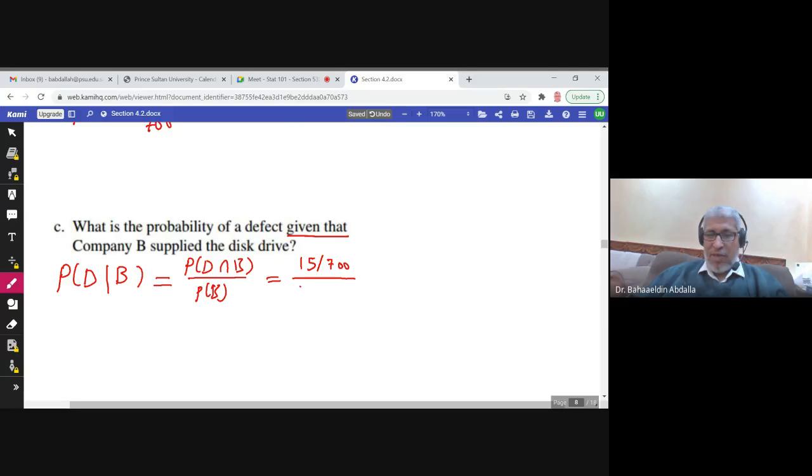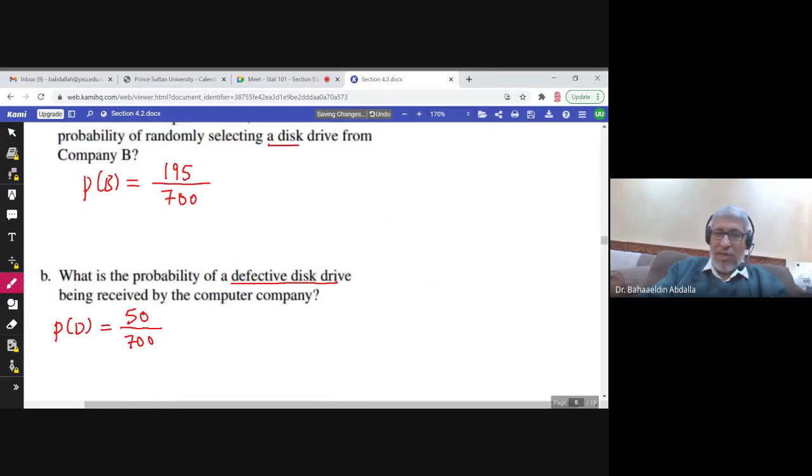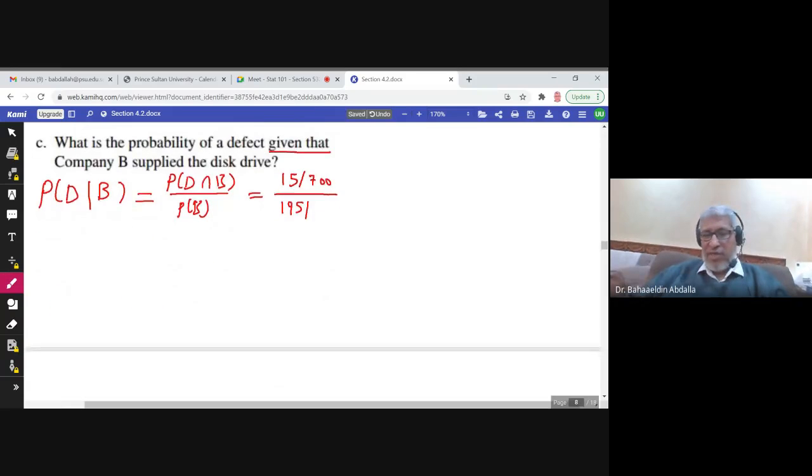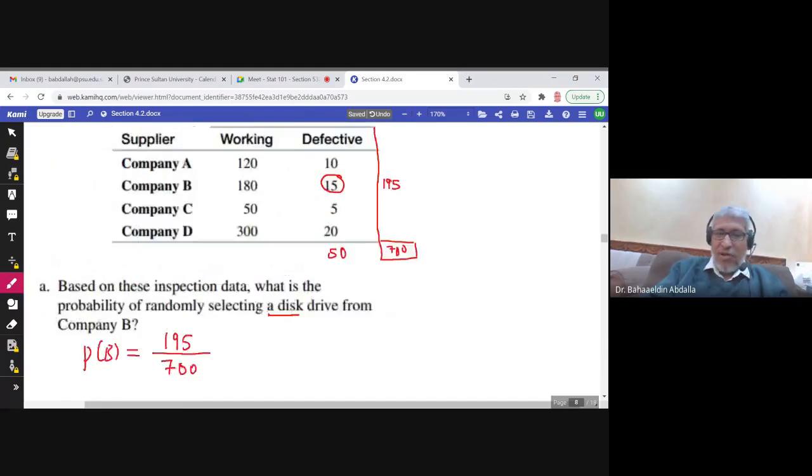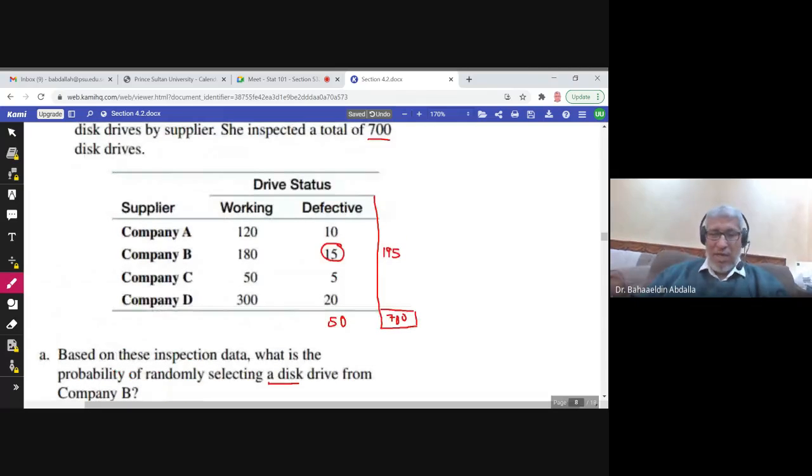The probability of B, as we just found in part A, is 195 over 700. If you divide, 700 cancels with 700 and your answer would be 15 over 195. Now, if you try to find this probability in another way, you can do that.